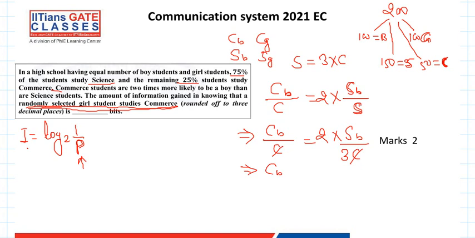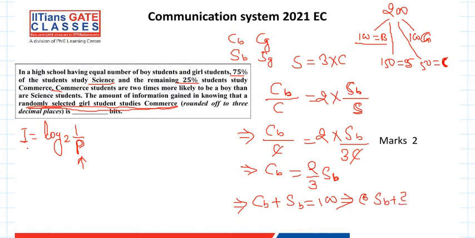So the number of boys in commerce is 2 by 3 times the number of boys in science. Now the total number of boys is 100. So boys in commerce plus boys in science equals 100. So it will become SB plus 2 by 3 SB equals 100.